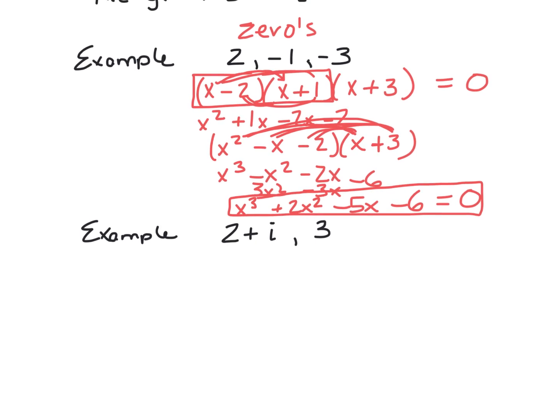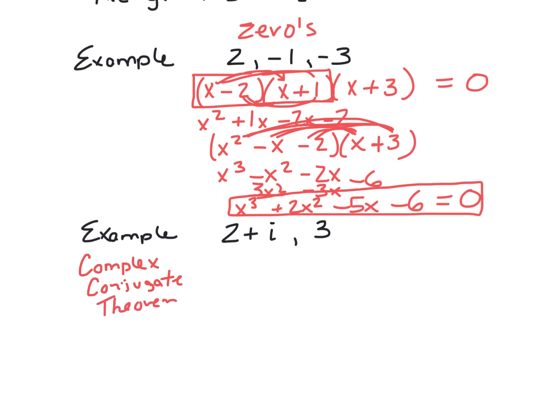Now, we have been talking about when you could potentially have an imaginary solution. So if you've got 2 plus i, we have something that's called the complex conjugate theorem. Hopefully you noticed earlier that if you have imaginary zeros, they will always come in pairs.